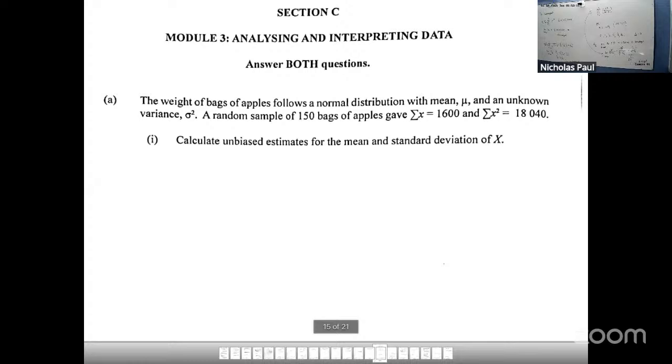When you get your values, message me please, for the mean and standard deviation.